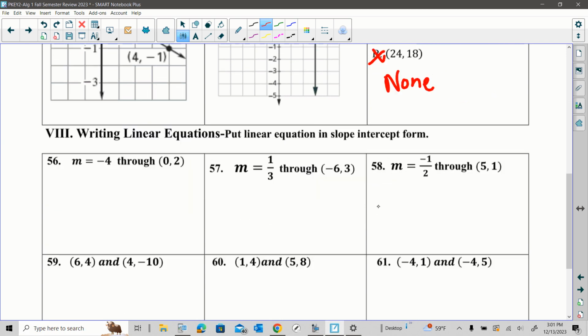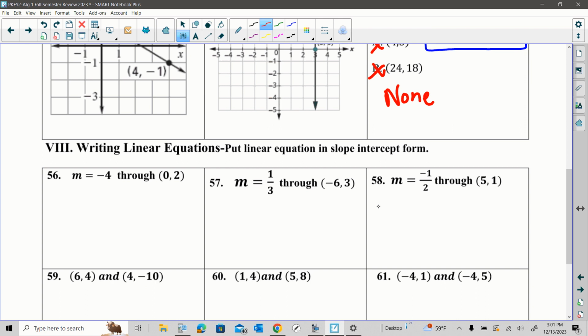All right, so on our last section here, it says write the equation, put linear equations in slope-intercept form. So slope-intercept form, again, that's when we have y equals mx plus b. Now, if you're given the m and the b, you can go straight to plugging in.